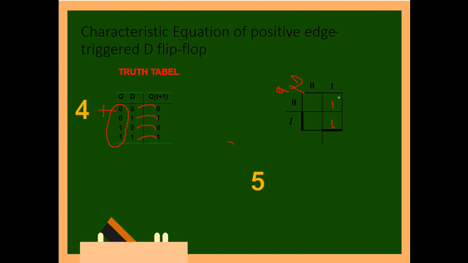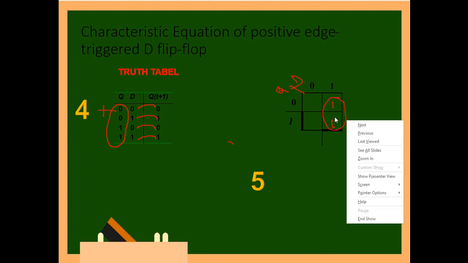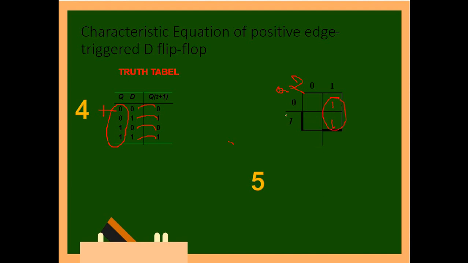If you group them, both rows are selected, so the Q cancels out, and we get Q of T plus 1 is equal to D. It is the easiest formula ever. Whatever Q you are giving, the output is D, and we can prove that using the K-map also.